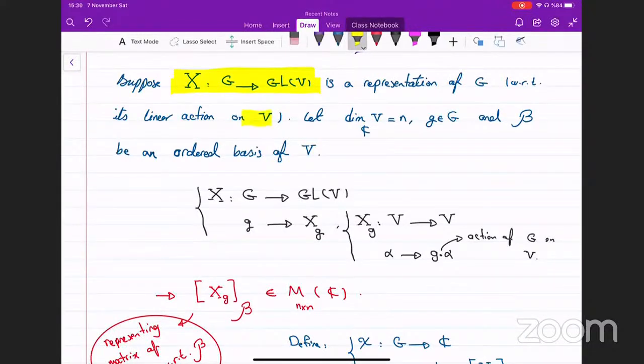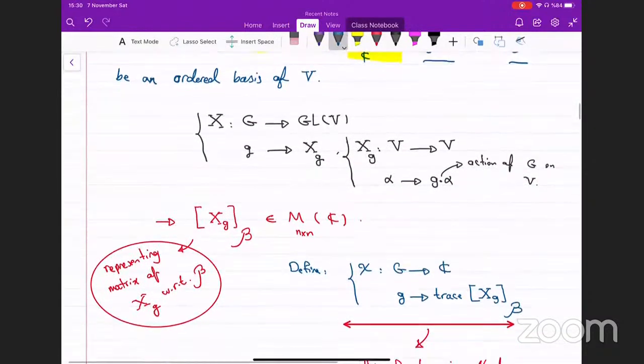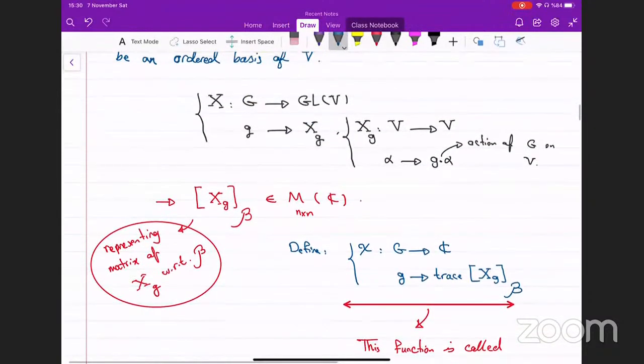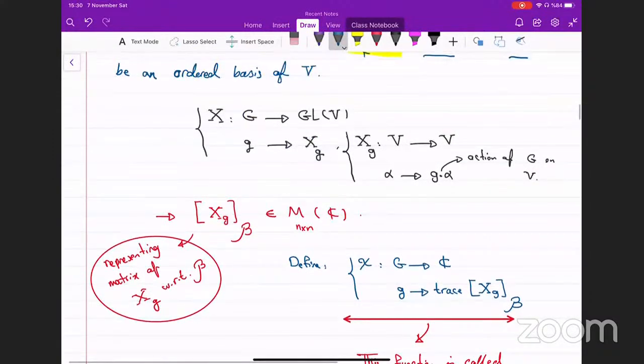Suppose, as I said, we are working with finite dimensional vector spaces, so the dimension of V as a vector space over C is n. Consider g in G, one element of G, and choose one ordered basis for your vector space. Those who are familiar with topics in linear algebra can follow that. Remember, this was one matrix in GL(V).